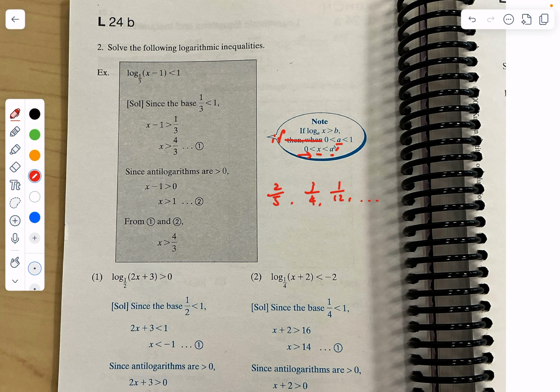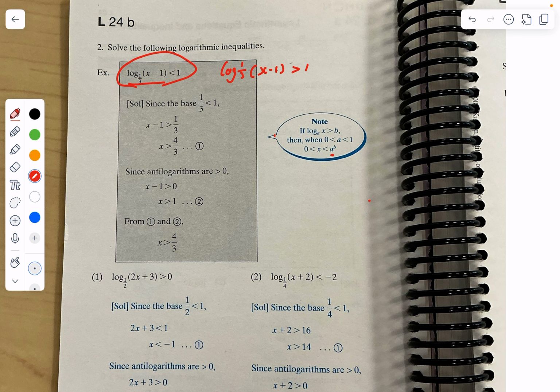Okay, so putting it into context over here. Let's say for example, if I change this question a little bit, I have log base 1 over 3 of x minus 1 greater than 1 as an example.